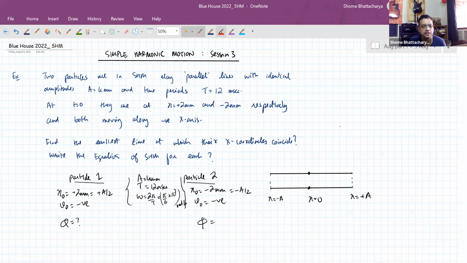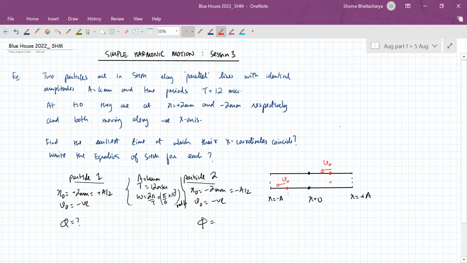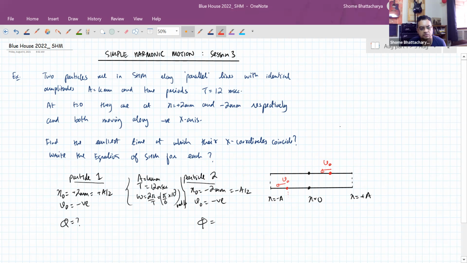Now at t equal to 0, the first one is here and it's moving like this. And at the same instant, this one is here and it's moving like this. You're understanding, no? So what will happen? This one, after this, will be here and like this.